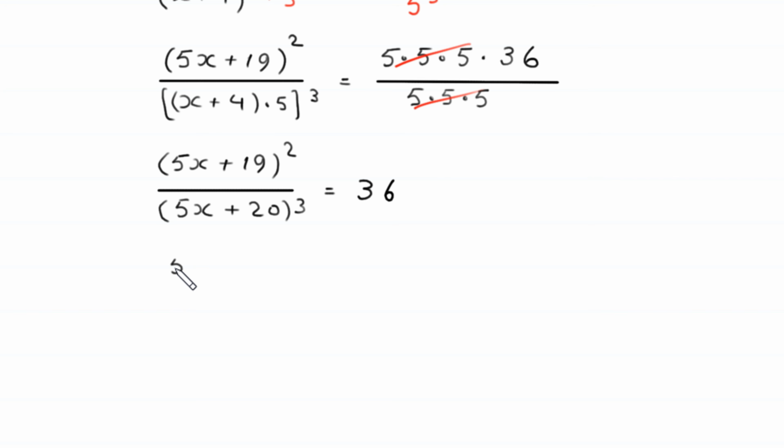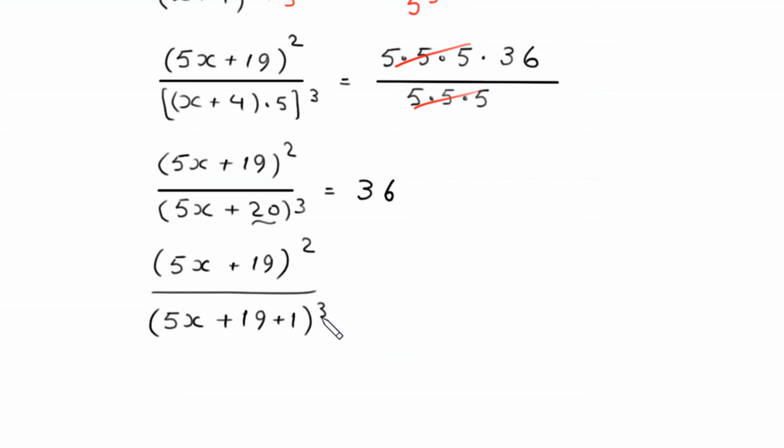Next, (5x + 19)² divided by (5x + this 20 can be written as 19 plus 1) whole cubed is equal to 36.